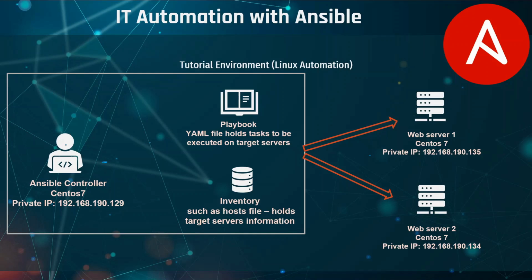From a single controller or single computer, I'm controlling two machines, and this could be up to hundreds or thousands of servers in the environment. By using Ansible, you save a lot of time and avoid errors and repetitive tasks when configuring hundreds of servers in your infrastructure, by just using a playbook or basic commands to test and check everything.